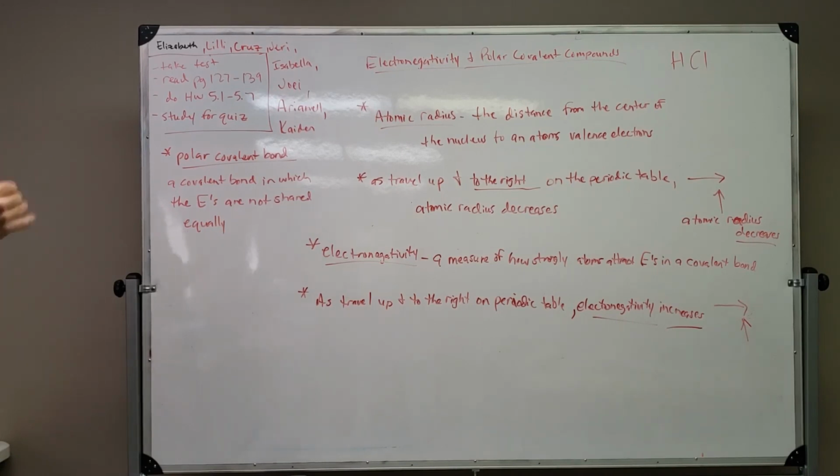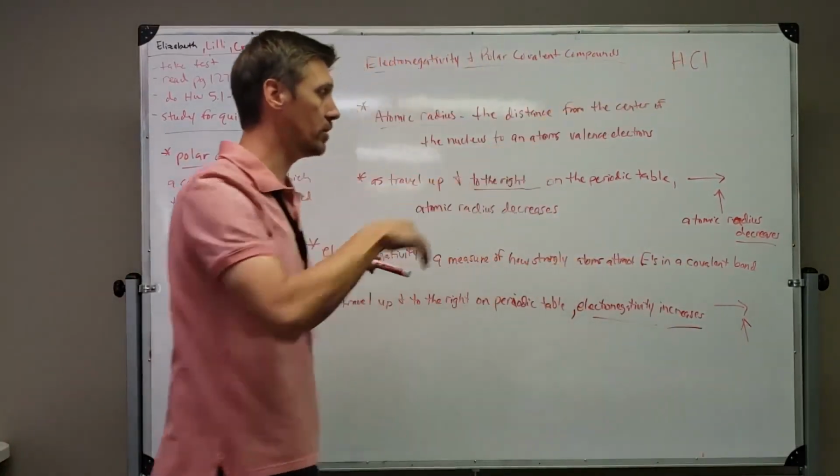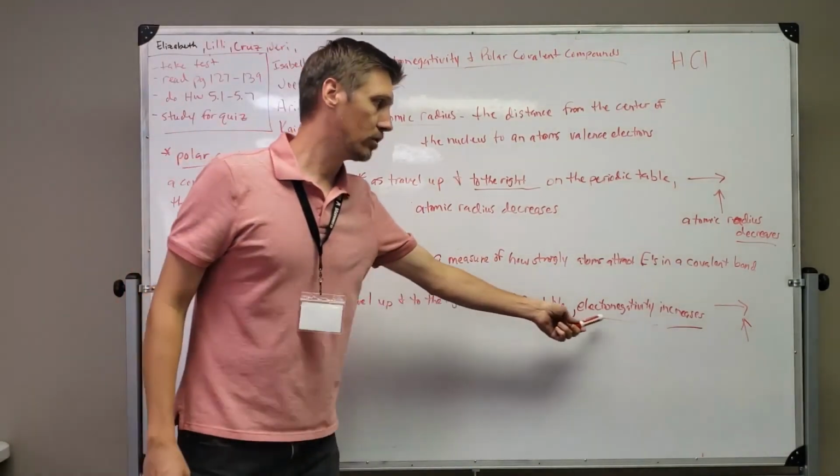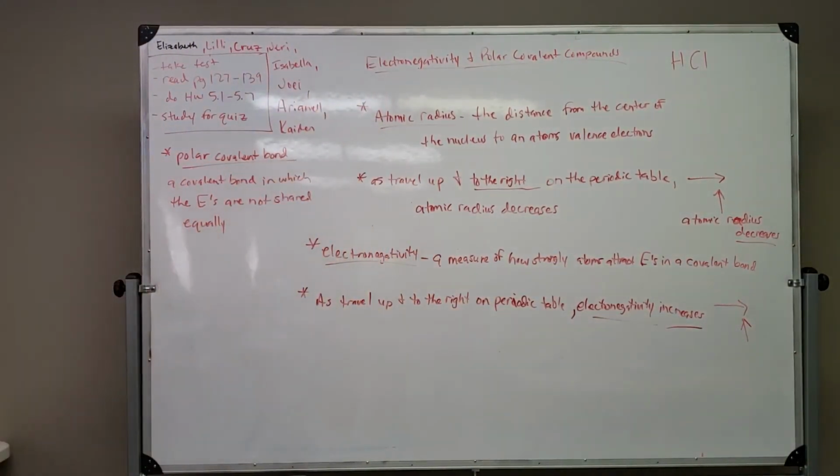Cl is also near the top of the periodic table, but it's almost all the way to the right, right? It's in the next to the last column. And so because both are kind of near the top, but Cl is far to the right, it's going to have a stronger electronegativity than hydrogen does.